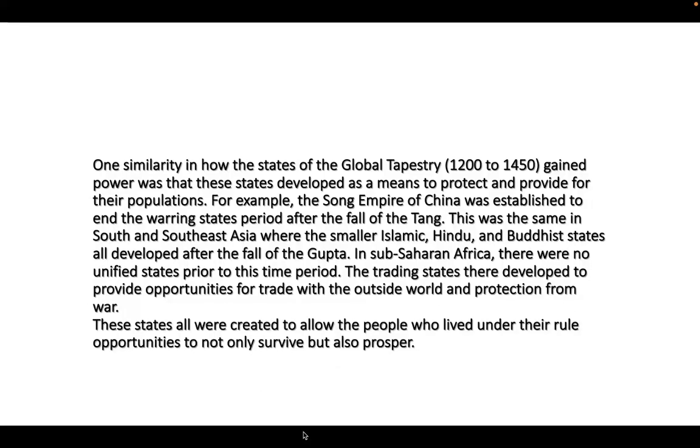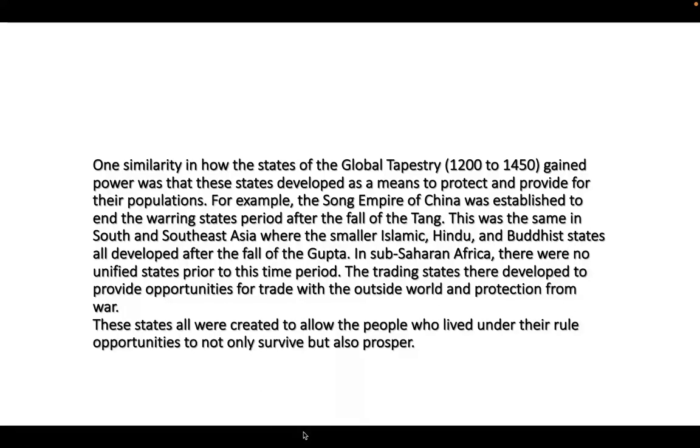In sub-Saharan Africa, there were no unified states prior to this time period. The trading states there developed to provide opportunities for trade with the outside world and protection from war. These states all were created to allow people who lived under their rule opportunities not only to survive, but also to prosper.